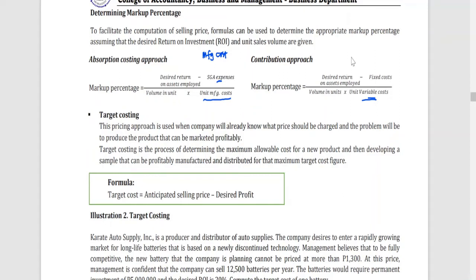On the other hand, for the contribution approach, what is included is all variable. So, you have your direct materials, direct labor, variable overhead, variable SGA. So the fixed costs are excluded. So, what you deduct here is what is not included in its cost base.